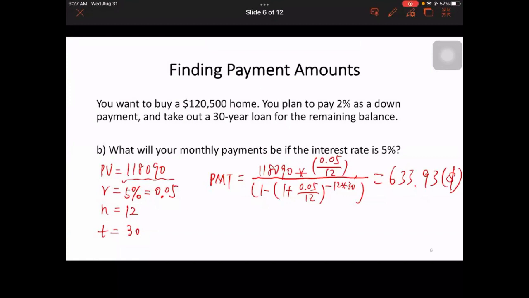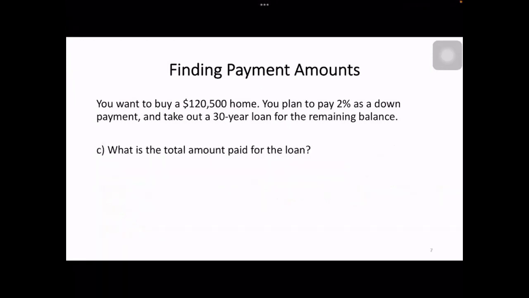So now we got the monthly payment done. What about the next one? What is the total amount paid for the loan? Let you try this one. Remember, we pay monthly $633.93, and how much do we pay in total for the loan? We pay 30 years, right? Every month we pay this much.